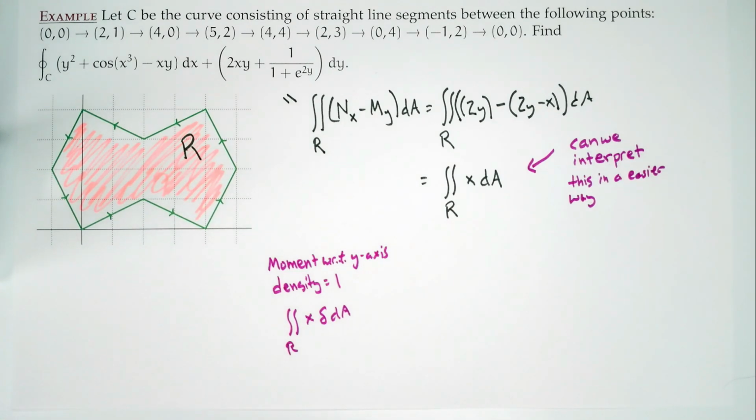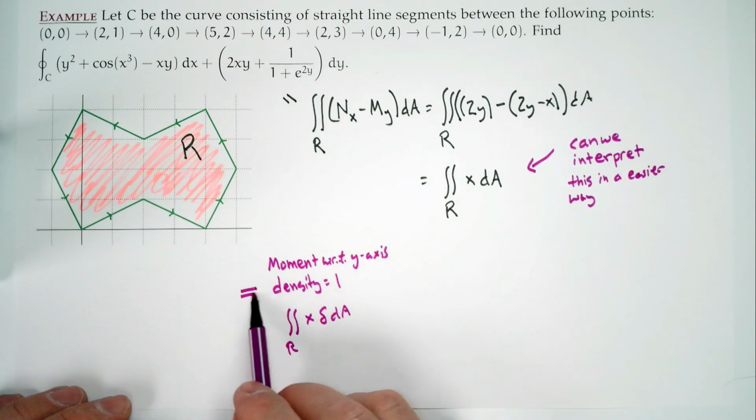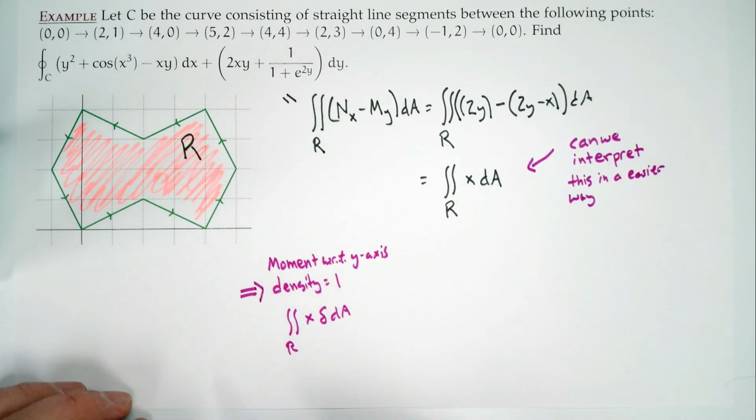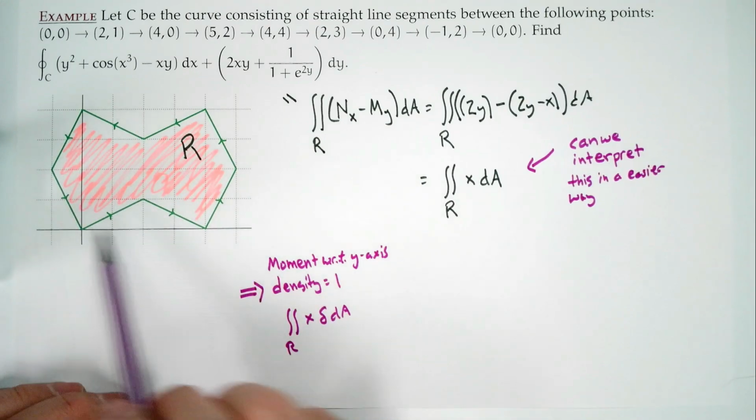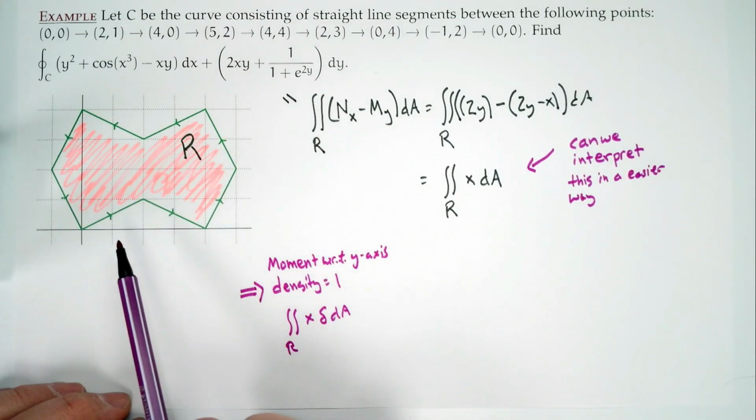But how does that help us? Well, let's see if we can compute the moment. Right now, it's not so obvious how we might do that. But here's one thing to note. Suppose that our density was 1. Well, our region here is nice and symmetric.